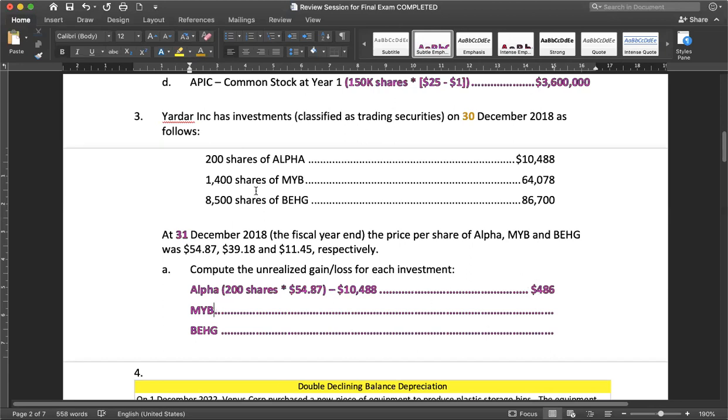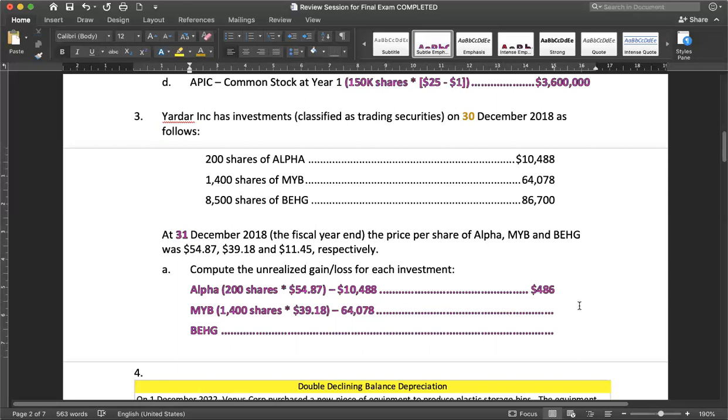For MYB, Yardar owns 1,400 shares, and each share is worth $39.18. So 1,400 times $39.18 will give us the fair market value at the end of the year. And we need to then subtract away what was the cost, $64,078.